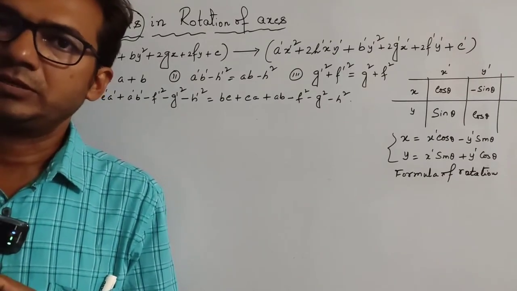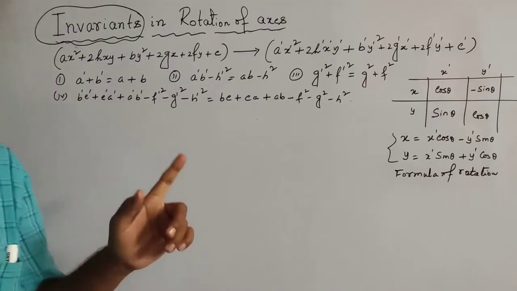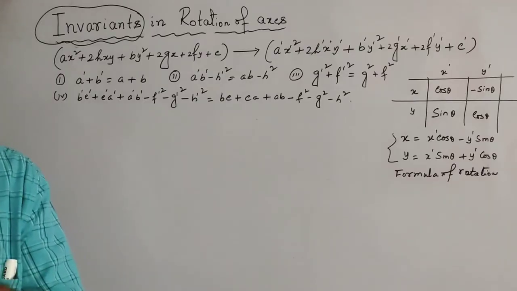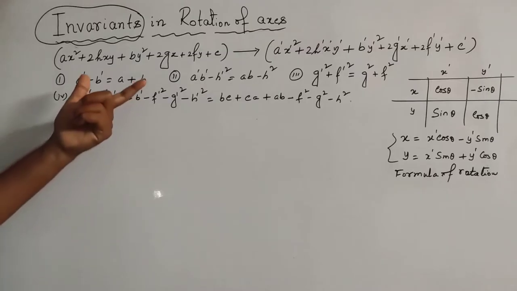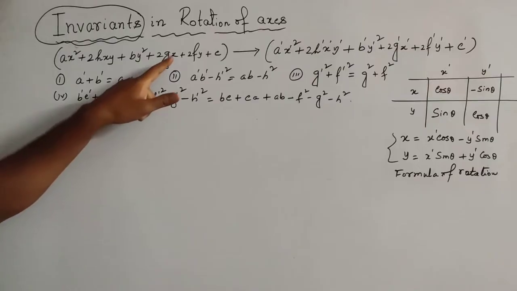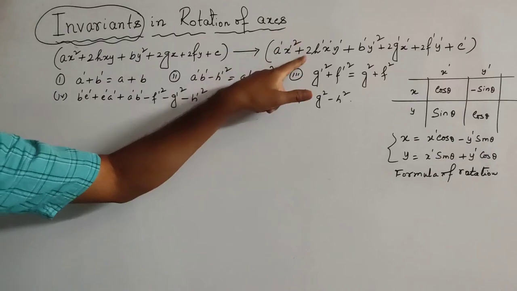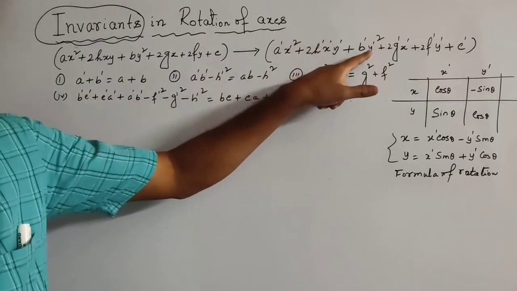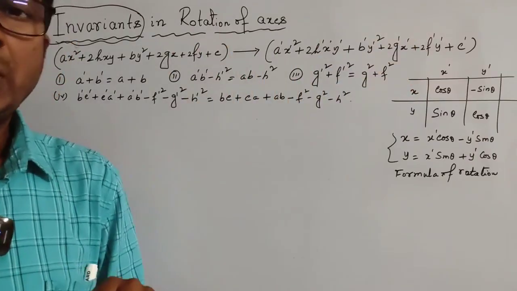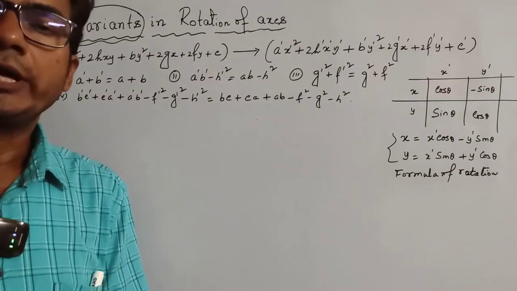Here we are going to discuss a very important expression which is transformed from ax square plus 2hxy plus by square plus 2gx plus 2fy plus c to a dash x dash square plus 2h dash x dash y dash plus b dash y dash square plus 2g dash x dash plus 2f dash y dash plus c, by using the rotation of axis through an angle theta.